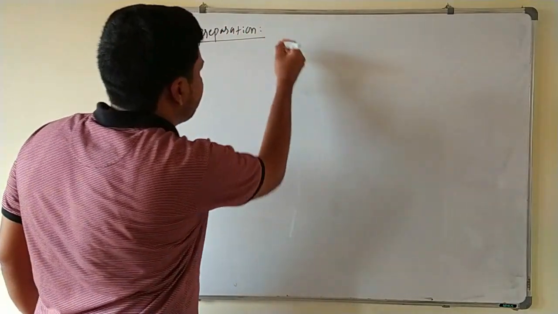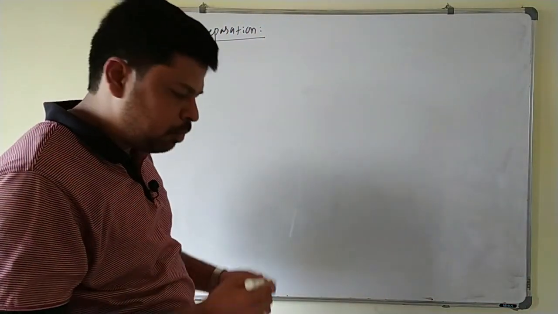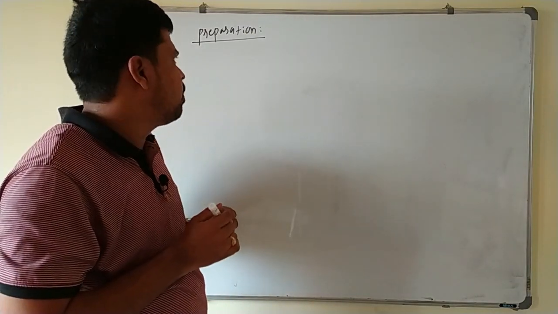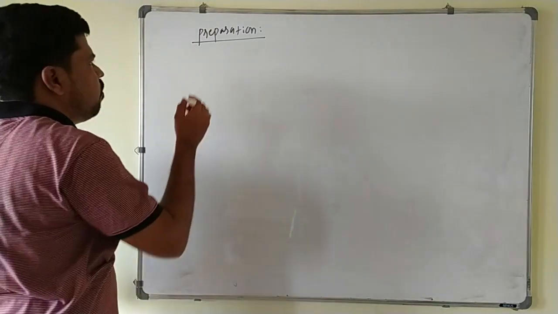Except IF7, almost all interhalogen compounds are prepared just by the direct combination of halogens in an appropriate condition. So, what we can write here?